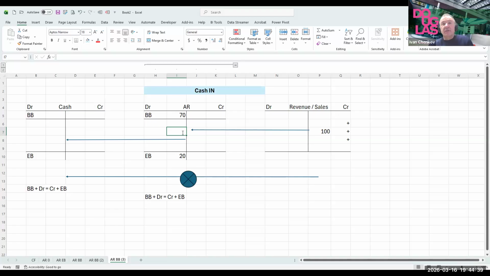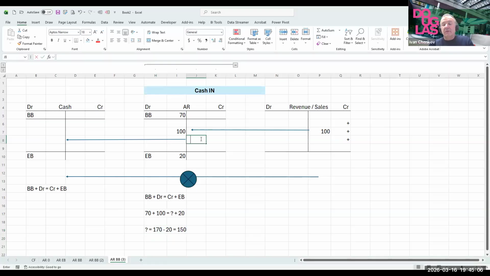Why? Because those 100 are going to come here, correct? So what's going to happen now? We're going to have 70 plus 100. It's going to be equal to question mark plus 20. And our question mark will be equal to 170 on one side minus 20, and that's going to give us $150.